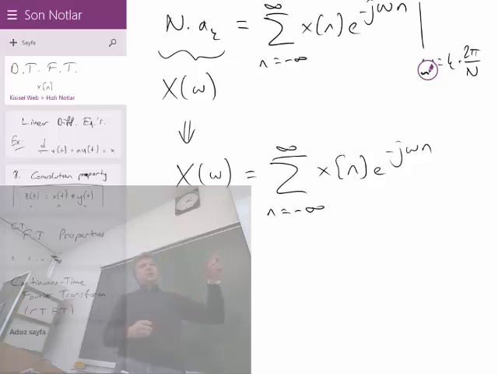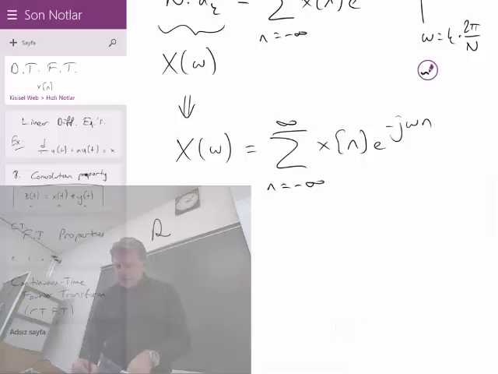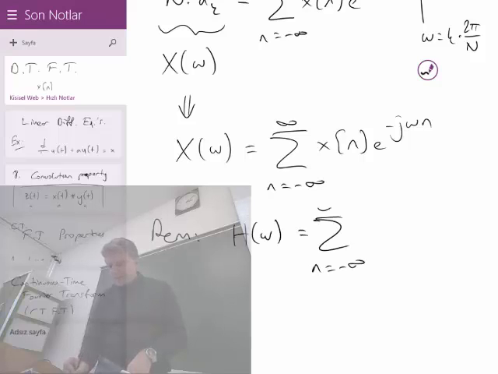And if you check back your previous notes, you will see that this is not the first time that you see this formula. Previously, we were using this to find the frequency response of a discrete time system. Do you remember this formula that we used already? H of omega is equal to the summation n from minus infinity to infinity h of n e to the minus j omega n.